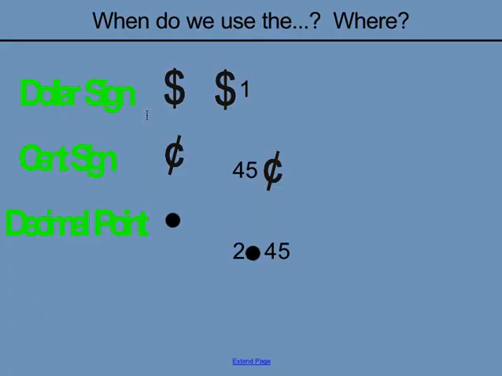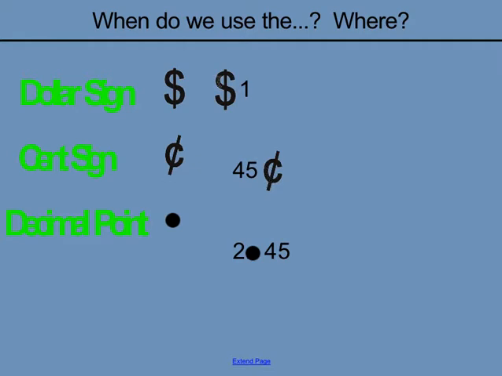You've probably seen money signs all over the place. Maybe I went to the store and bought a pair of socks for $1. You would see the dollar sign followed by the number. Maybe I went to the grocery store and bought a pound of bananas for 45 cents per pound. This would be our cent sign, and you would see 45 cents.